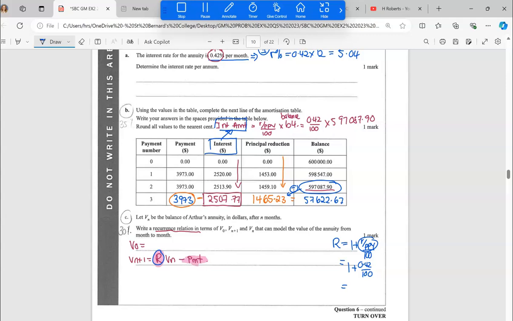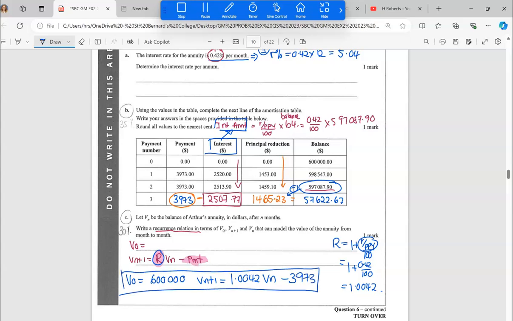So you end up with 1.0042. So now I can write the recurrence relation. So V0, it originally costs 600,000. And V(n+1) will be the R value, which I just worked out, times V(n) minus the payment, which they told us is always going to be 3973. So there's my recurrence relation.